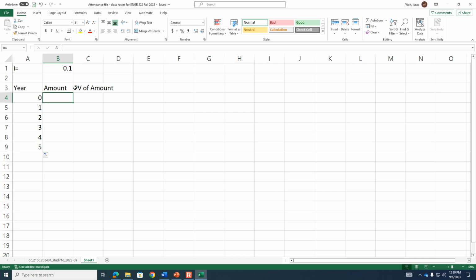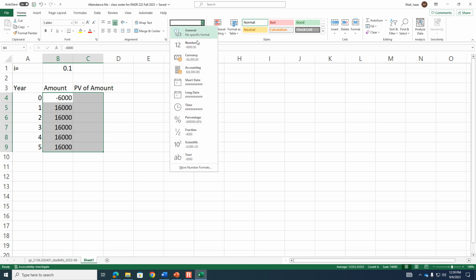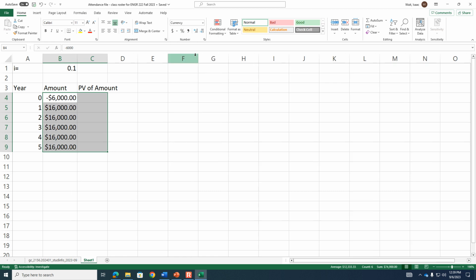The amounts were negative 60,000 and then 16,000 for all of the other years. And I want to have those formatted as currency. So I'm going to highlight these cells, and I'm going to go over here to the formatting and change it to currency. And then I don't need to necessarily see the cents. So I'm just going to have it decrease the decimal so that it only shows the dollars.